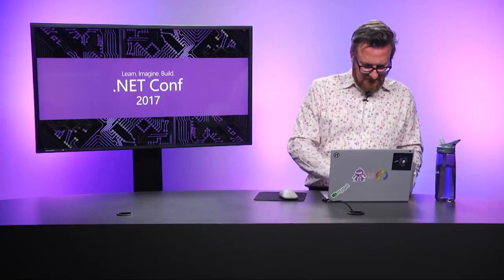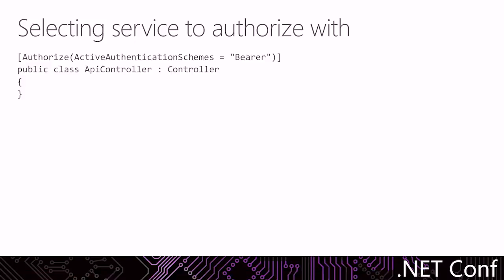We have this one. Let's zoom it in. We have authorize active authentication schemes equals bearer. So you would put that on your API endpoints, on the controllers that you want to have JWT. Everything else will use the automatic one when you do authorize. If you want to use both, well, this active authentication schemes is a comma delimited list.